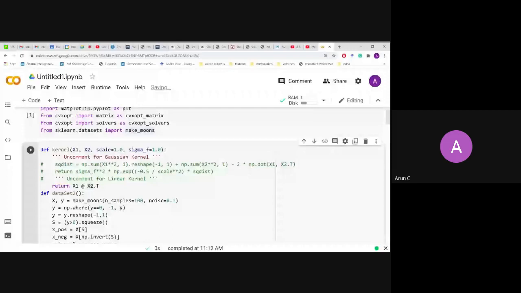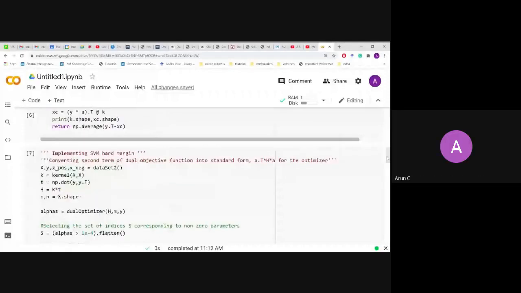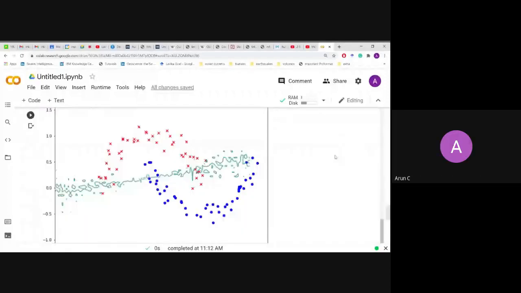Whatever x is in my data set, I have used as it is. This is my kernel function. I have not used any basis function or kernel trick.